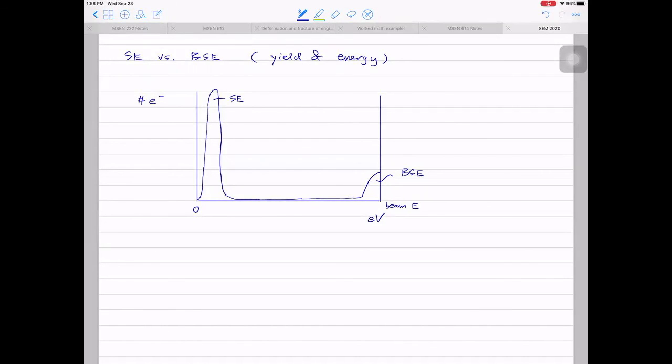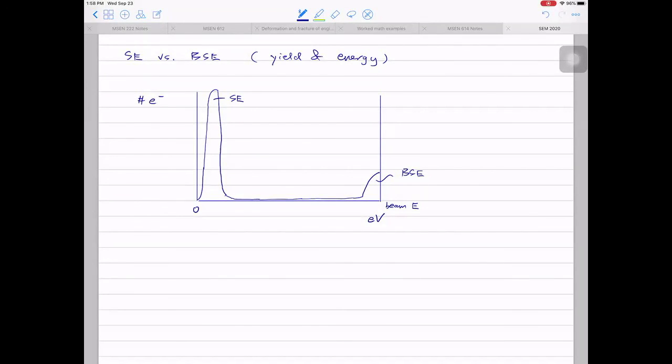But BSE is the primary electron. Even after losing some energy through inelastic scattering, it's still very close to the energy of the electron just coming out of the source. That's why the energy is very high.